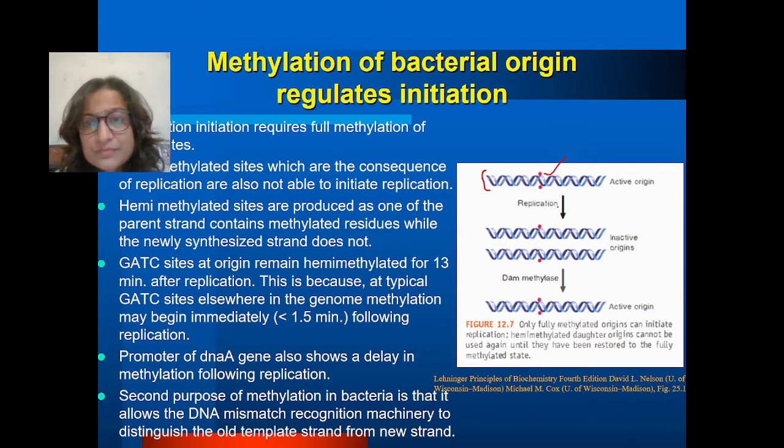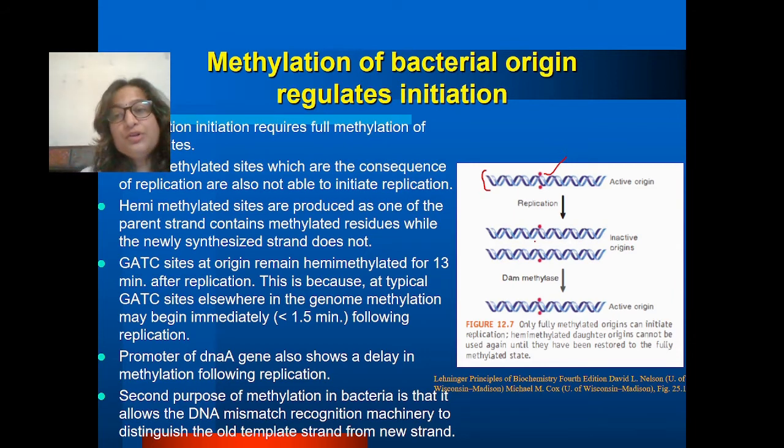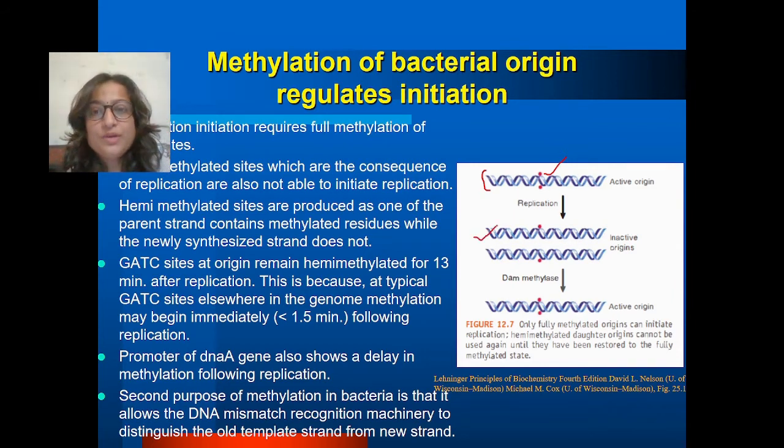Now, after replication, one of these strands is the parent strand, whereas the daughter strand is new. So the result is that your daughter strand will not be methylated. Now your DNA is hemimethylated. Only half of the DNA is methylated. Why?